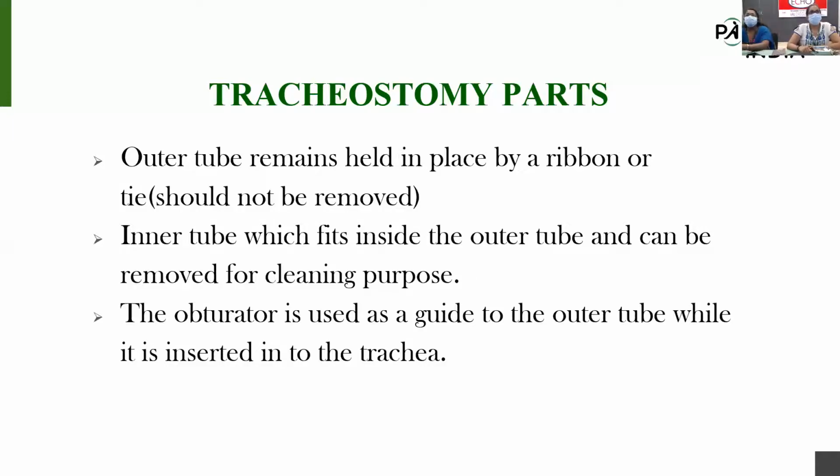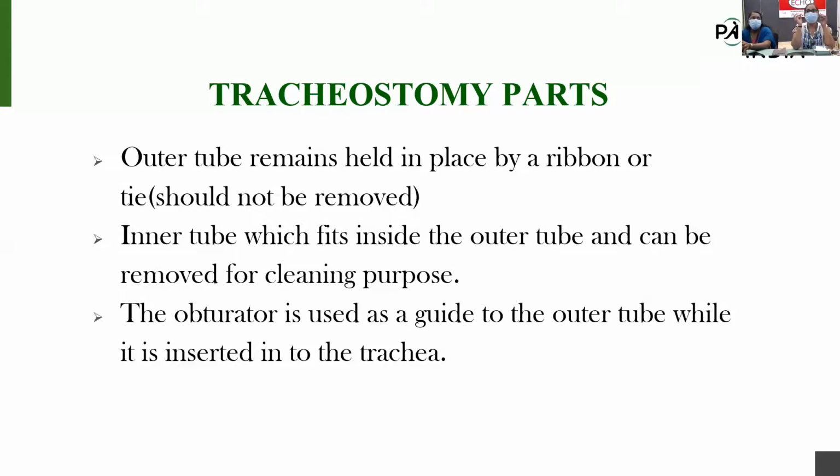The outer tube remains held in place by a ribbon or tie. We will be tying it and securing it on the back side. This outer tube, we won't be removing it. The inner tube fits inside the outer tube.